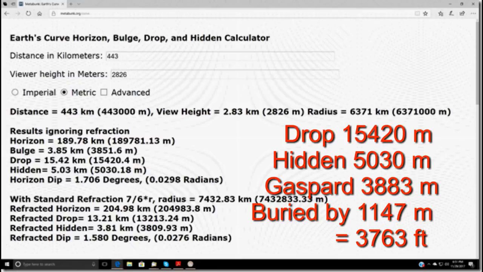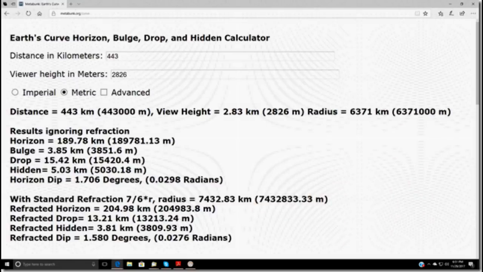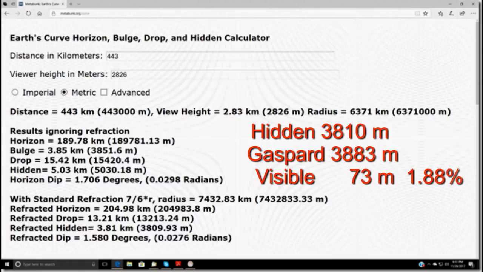That means it should be buried by 1,147 meters, or 3,763 feet.